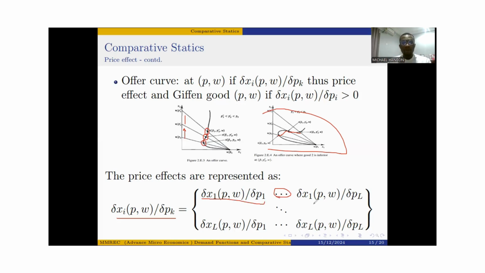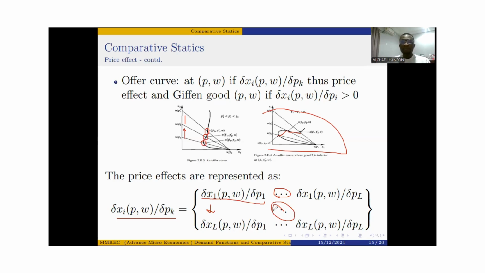So it goes on and on until the last price of the commodity. You can also trace it downwards. Then commodity X2 with respect to price 1 will also be cross price. Commodity X2 with respect to price 2 will be own price elasticity. So this is going to happen to determine the price effect.